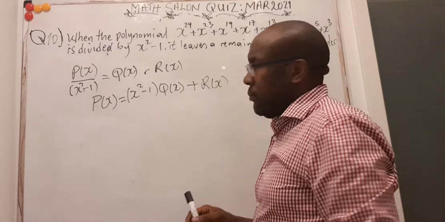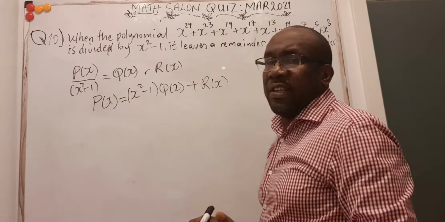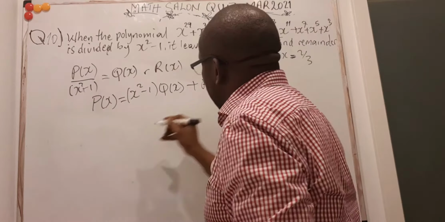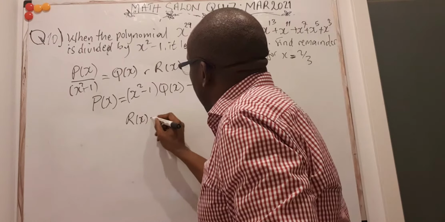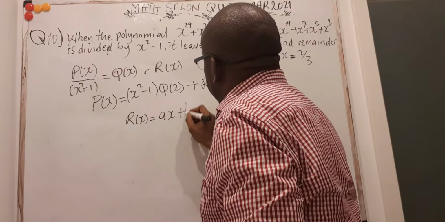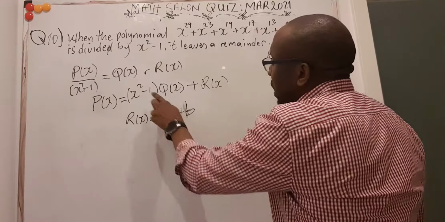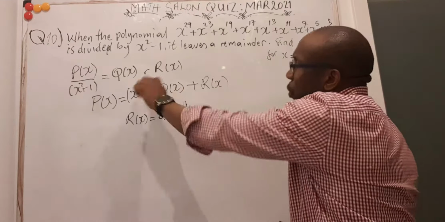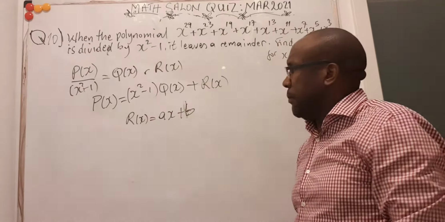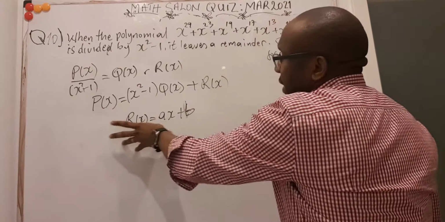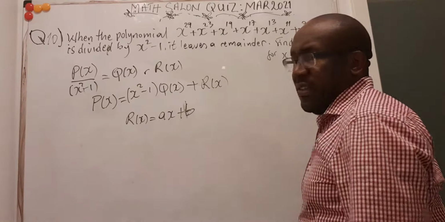So my r of x can be expressed in the form ax plus b, where the degree of this one is 1 and the degree of that is 2. It cannot be 2 because otherwise it would have divided one more time.